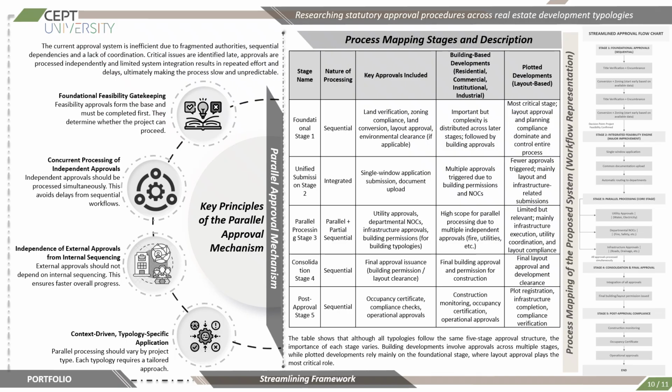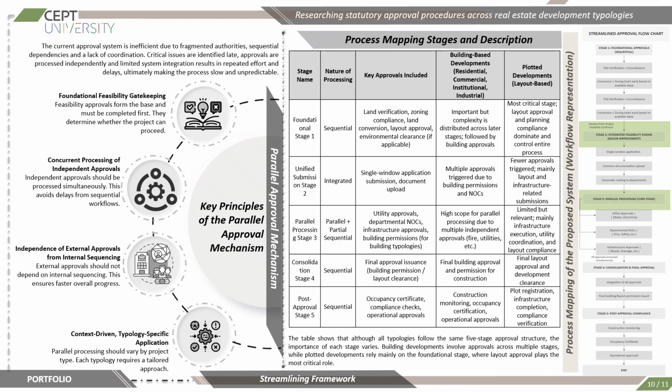Stage 1 is the foundational stage involving the land verification, zoning compliance, layout approvals, and environmental clearances if applicable. Stage 2 is the unified submission stage, which involves the single window application submission and document upload. Stage 3 is the parallel processing stage, which combines the parallel and partially sequential approvals, such as utility approvals or different departmental NOCs.